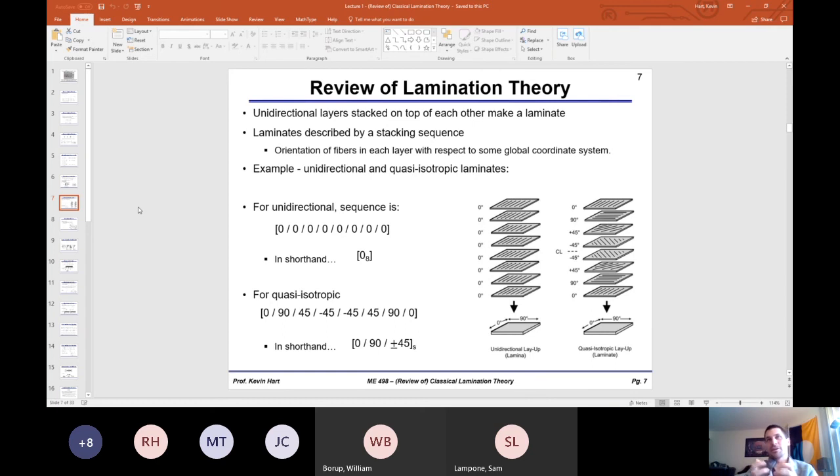If we had some other layup, like 0, 90, 45, plus 45, minus 45, we could describe that layup using this general notation, with square brackets and then the angular measurements of the individual layers in that stacking. This allows us to describe how the laminate was created from the individual lamina by relating the directions of the fibers in the lamina to some global coordinate.